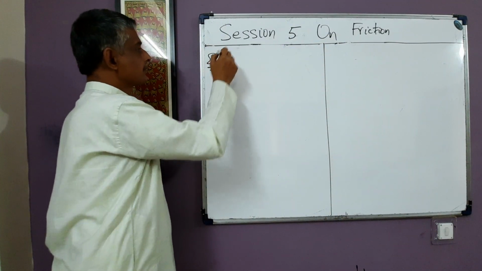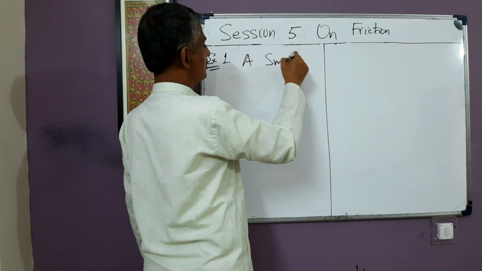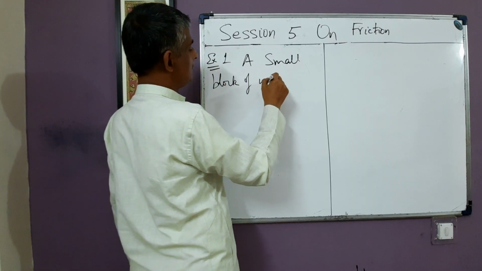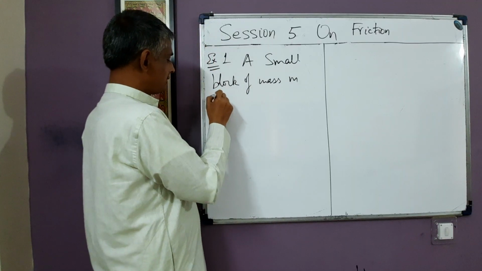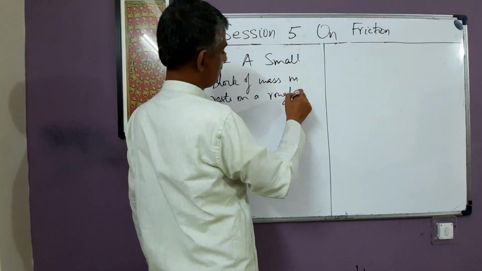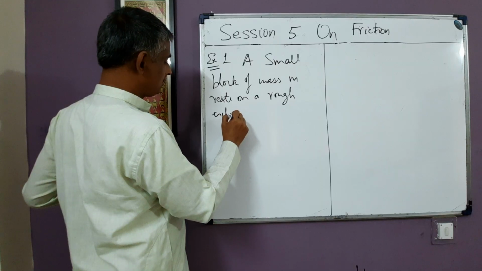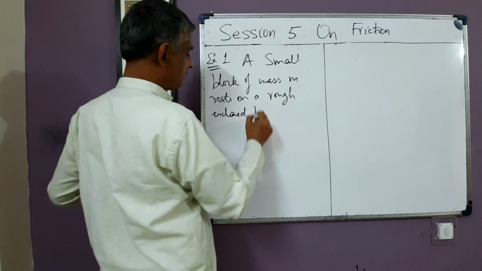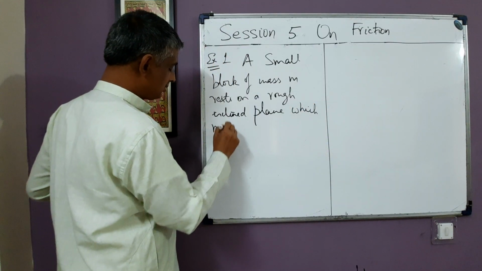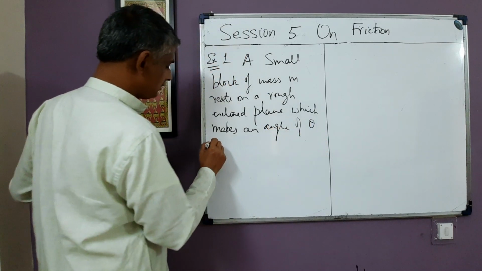Question is this. A small block of mass m rests on a rough inclined plane which makes an angle of theta with the horizontal.